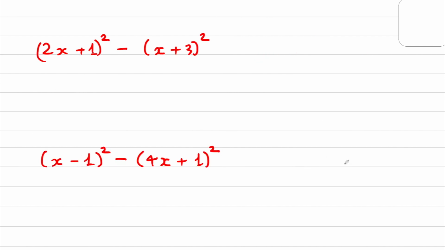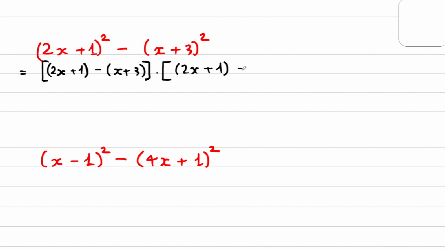And here a little bit harder because you got two brackets for one question. So the first bracket inside the small bracket minus the next one, and all of the two inside the first square bracket. And the next square bracket is 2h plus 1 plus h plus 3 here.